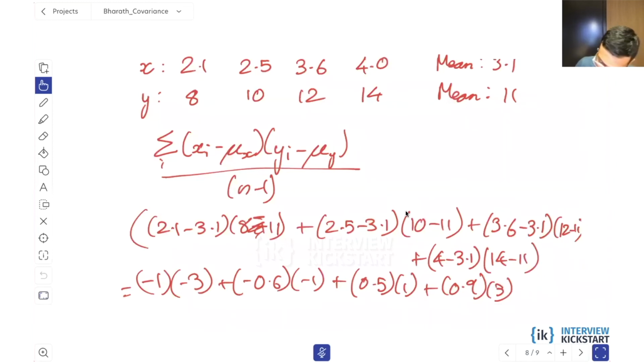Of course, this whole quantity is divided by n minus 1, which in this case is 3.